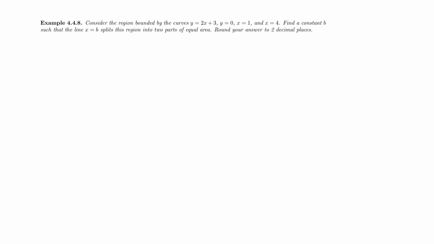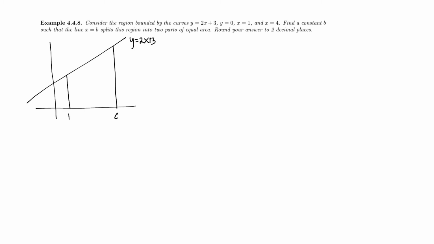So this is a fun one, actually. The line 2x plus 3 looks roughly like this. It has positive slope, it has a positive y-intercept, something like that. We're going from 1 to 4 here. So we're looking at this area here. And what's happening is we want to split this into 2 parts that are equal in area.